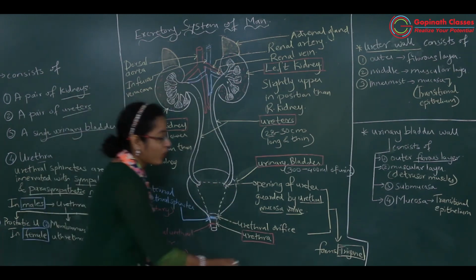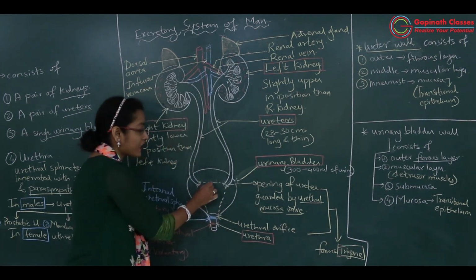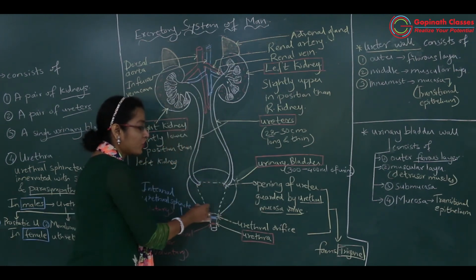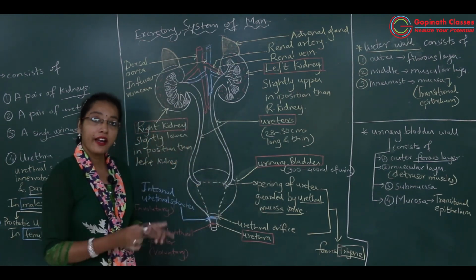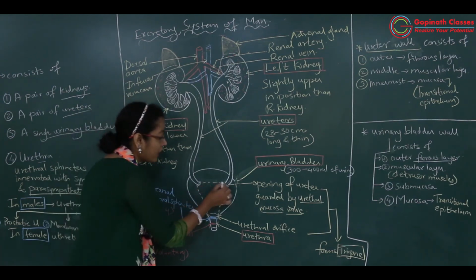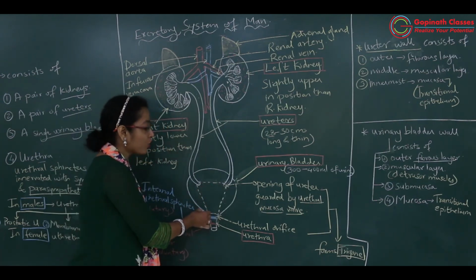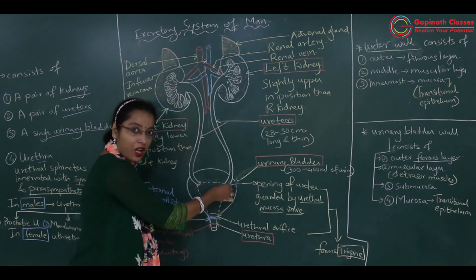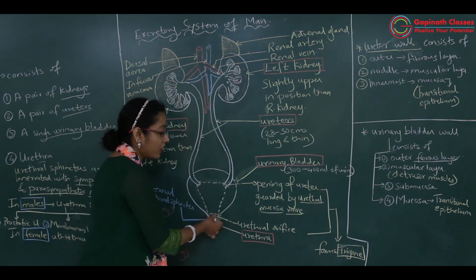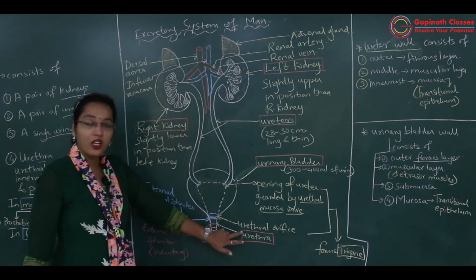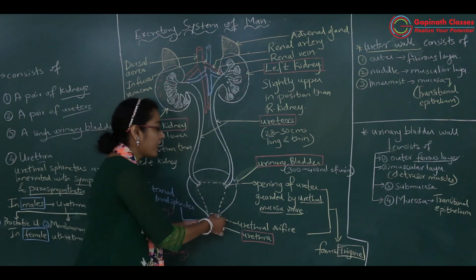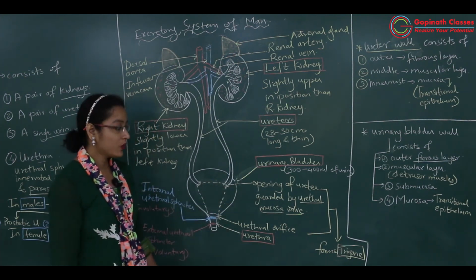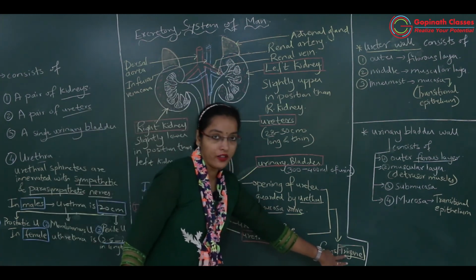So what is trigone, students? Trigone is 3 openings which are arranged in triangular form. So triangle बन रहा है एक, इसीलिए उसको क्या बोला है? Trigone. So these are the 2 openings of the ureters and this is the single opening of the urethra which is forming a triangle. That's why it is known as trigone.